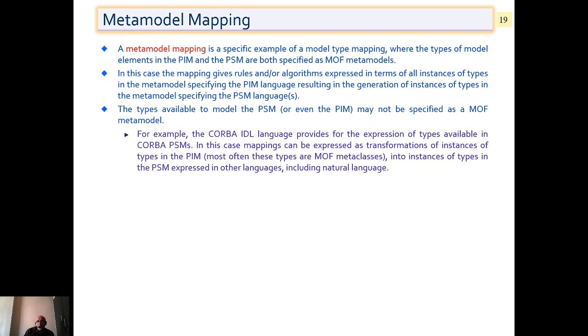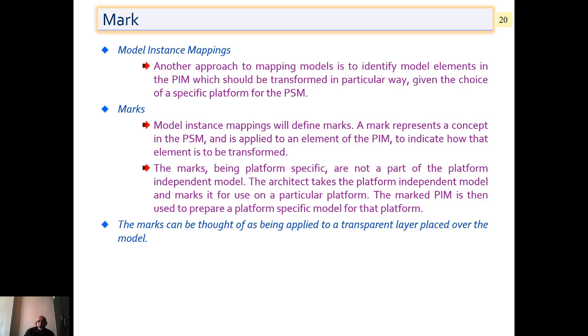It gives the rules or algorithms expressed in terms of instances which specify the PSM languages. So now this is extremely important. Okay, what is the crux that I can say? With the transformation is the model instance mapping and the marks.